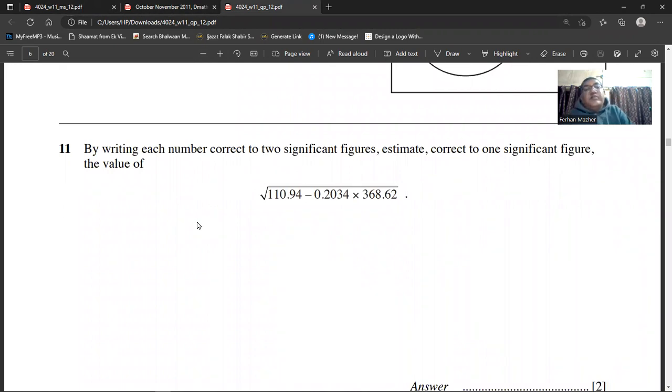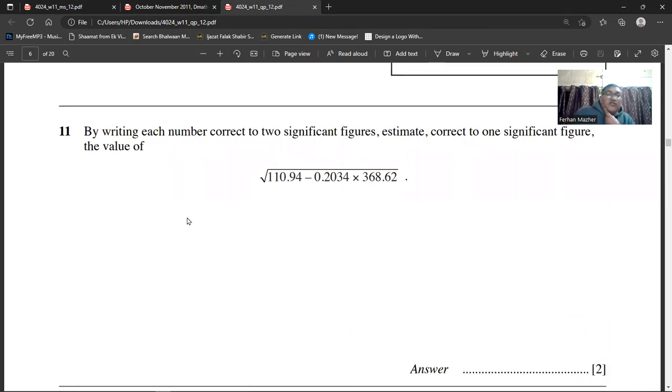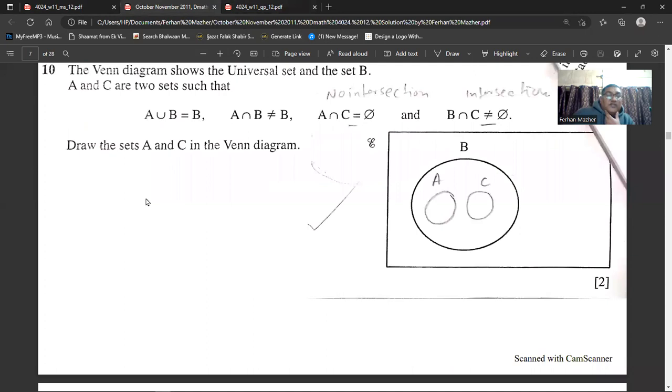Question number 11. He says, by writing each number correct to two significant figures, estimate, correct to one significant figure, the value of 110 minus the square root of 0.2034 multiplied by 368.62. It's a question on estimation, and it's of 2 marks.